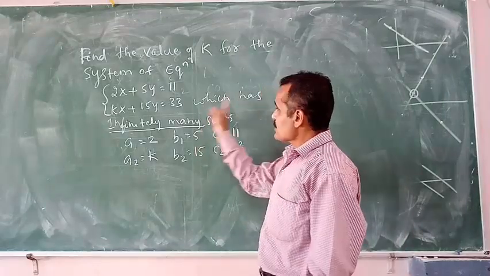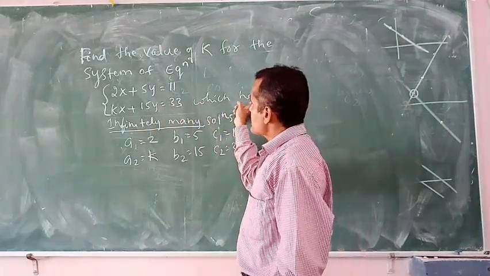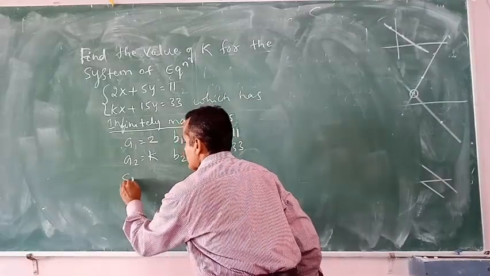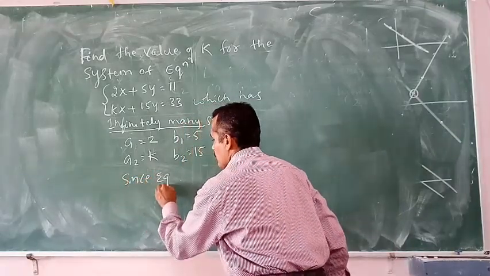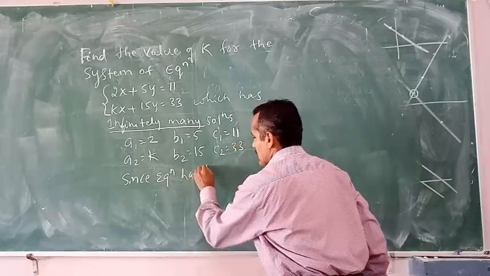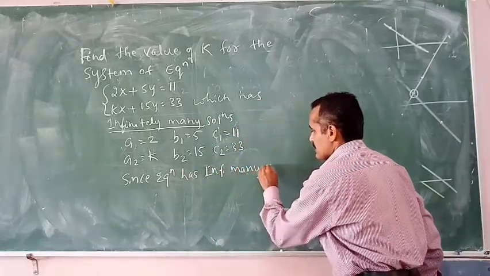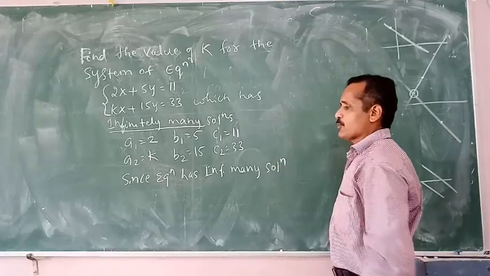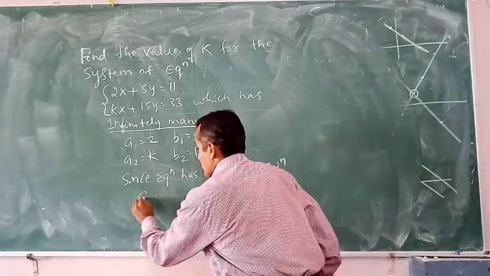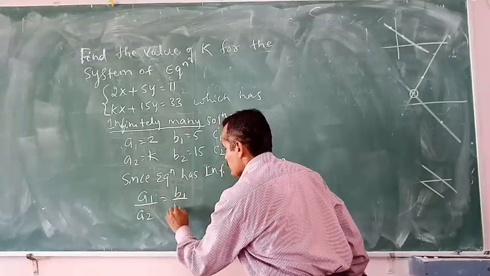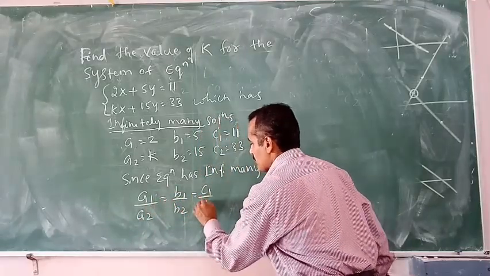What condition do they ask me? The equation has infinitely many solutions. So I will write, since the equation has infinitely many solutions, what is the condition? a1 by a2 equals b1 by b2 equals c1 by c2.